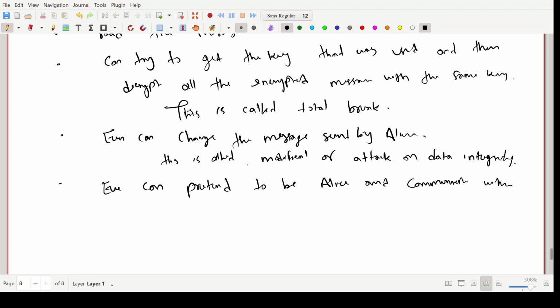So this is called masquerading, or man in the middle attack.